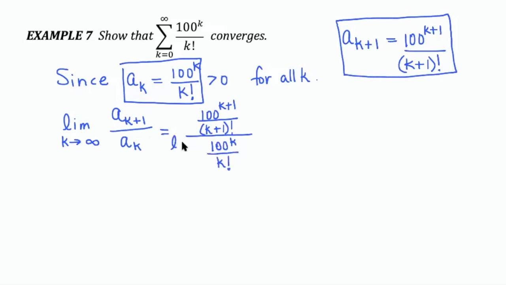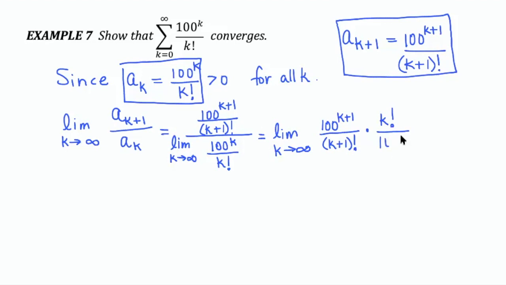And notice me forgetting my limits again. Good job. I'm going to carry that limit through. And remember, dividing by a fraction is the same as multiplying by its reciprocal. So we'll keep the numerator of the original fraction the same, change division to multiplication, and flip the second fraction upside down, which gets us here.